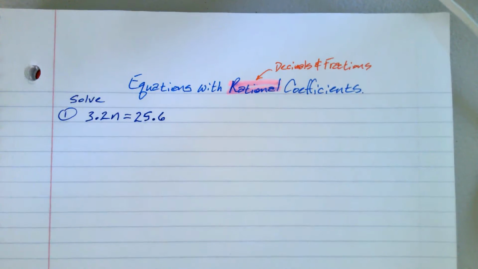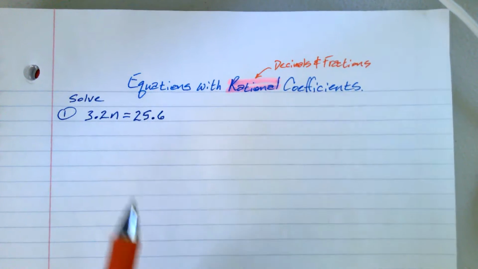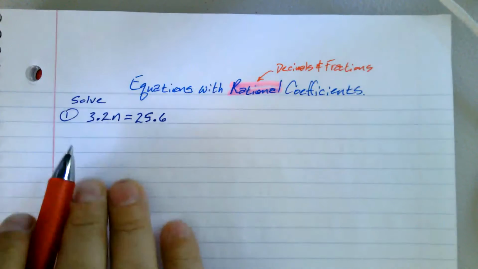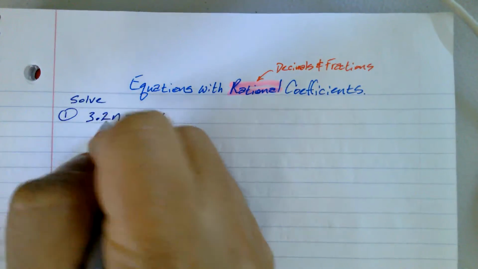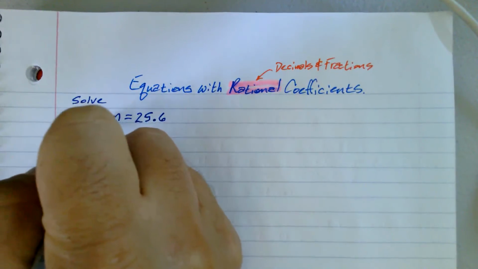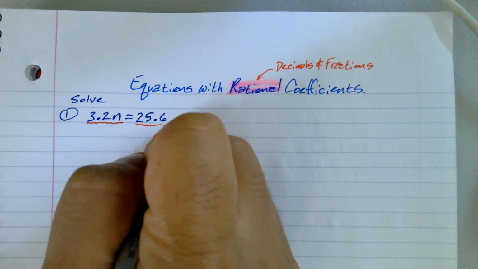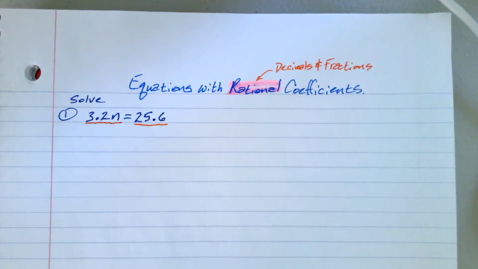Now, think about this, guys. We are multiplying. What would I do to solve this equation? Divide. So remember how we showed division? We're going to do a pro move here. We don't use a division symbol. We use a fraction bar.